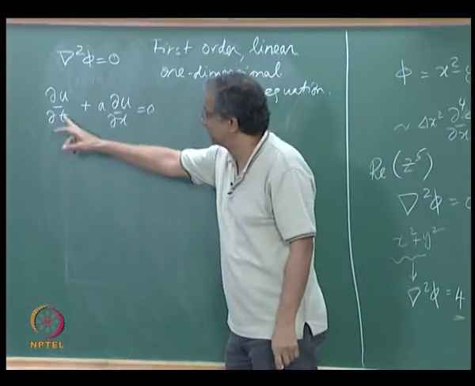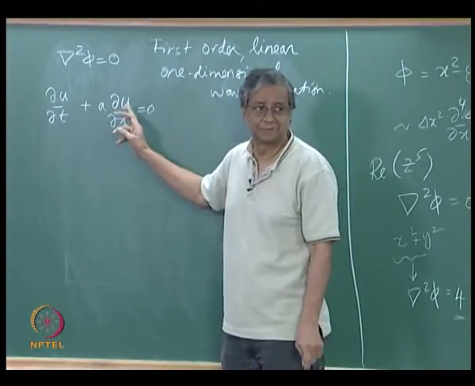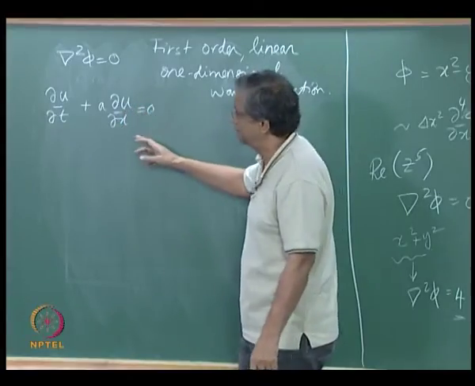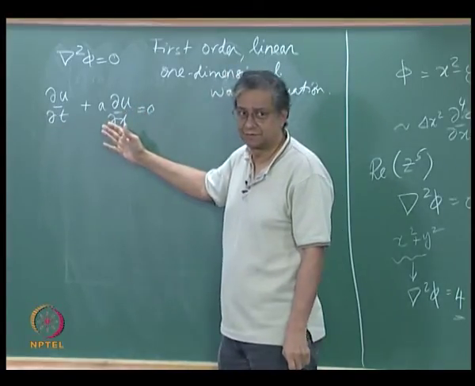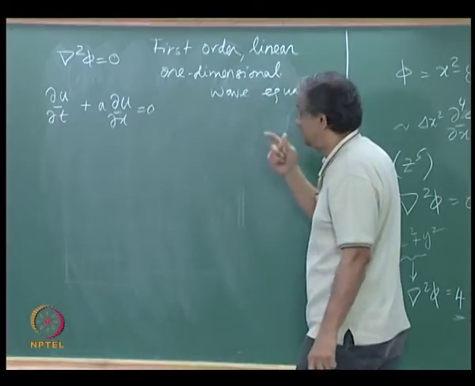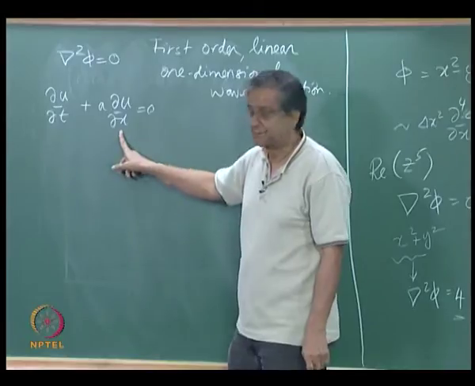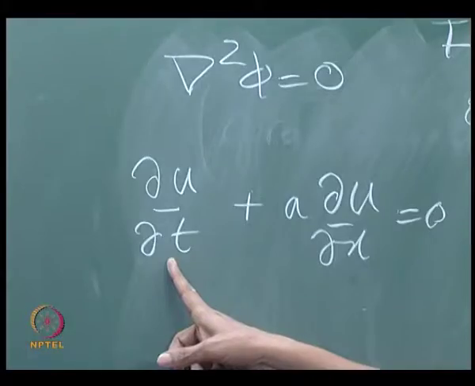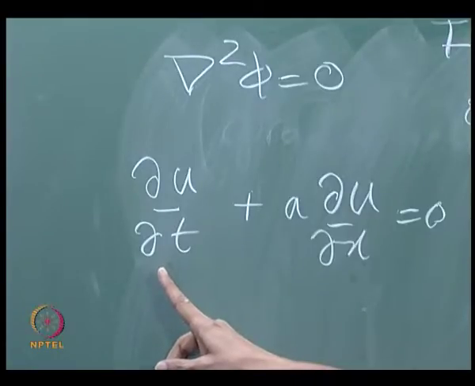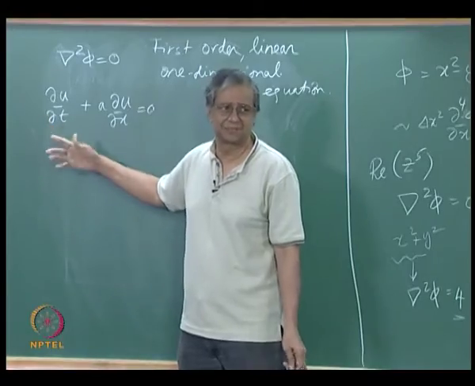The name says it all: the derivatives are all first derivatives. The equation is linear, you can verify that. It is one dimensional in the sense that it is in one space dimension, and I have introduced a new term which is time. Actually it is still 2D as far as we are concerned, because it has x and t instead of x and y.